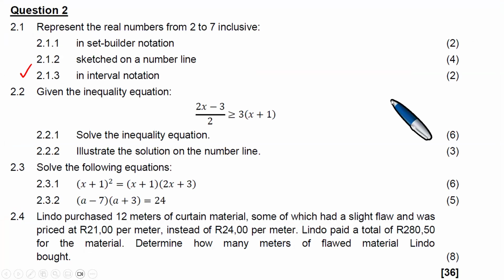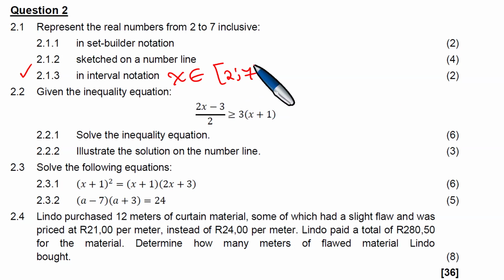That's fine. So we're looking at the interval notation. What then do we do? We have learned the interval. What is an interval? An interval would be x an element of the interval 2 to 7, like this, inclusive, and then you put the square parenthesis there.